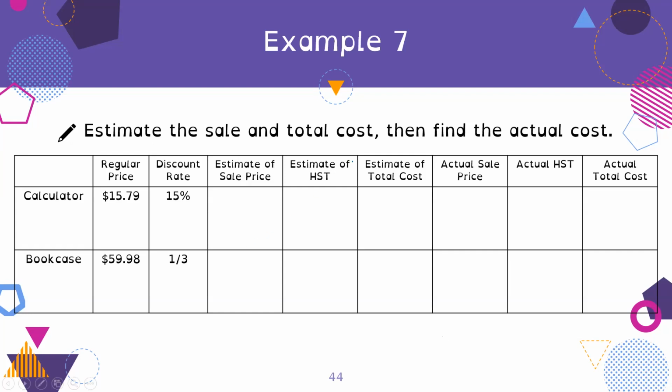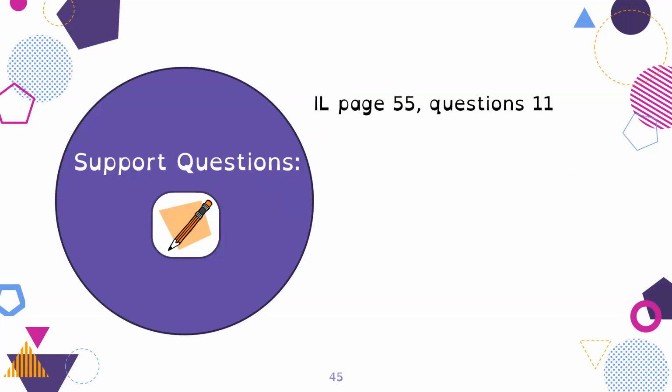Also, if you have a discount that is a fraction amount, remember, we need to change this into a percentage or into a decimal. So you do 1 divided by 3, which is 0.33. So it's about 33% off, just to remember. Then you can do the support questions on page 55, question 11.